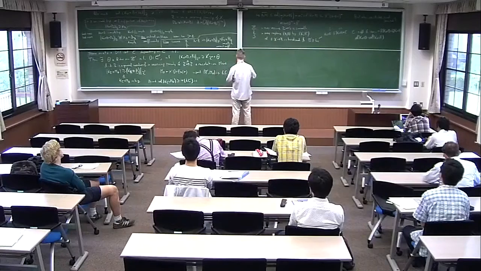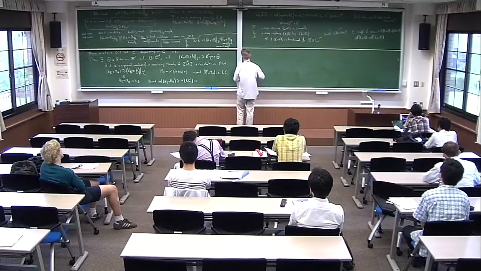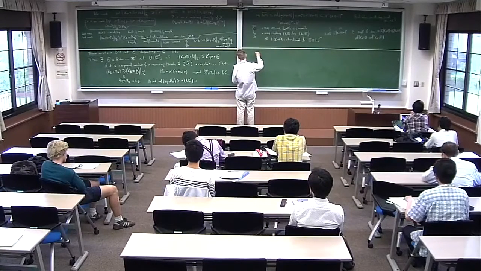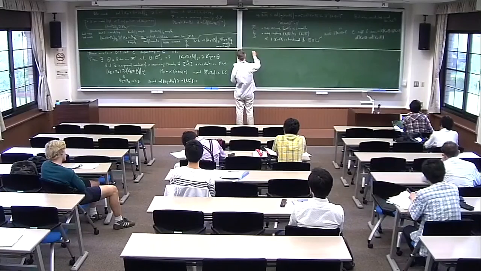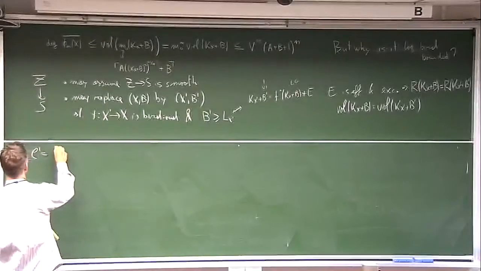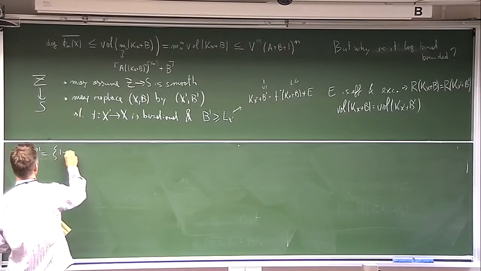So how do you construct C prime? Well, first of all, C prime will be equal to the numbers of the form 1 minus t.